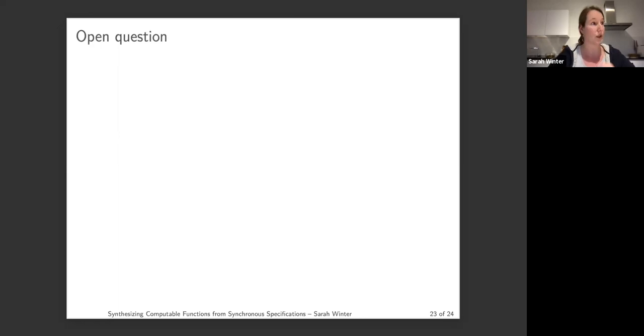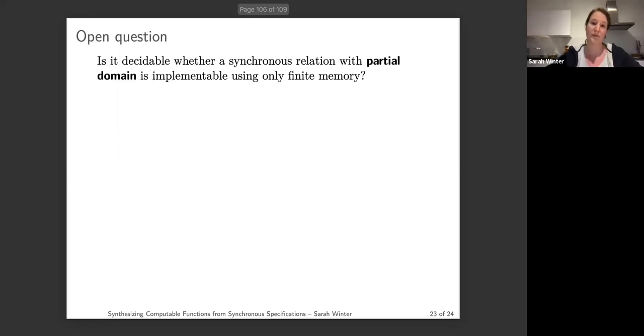Okay, I want to stop the talk with one open question. I've shown you that it is decidable whether a synchronous relation with partial domain is implementable, which means we have the ability to use unbounded memory, but it is open if we ask, is it decidable if there is an implementation that uses only finite memory?